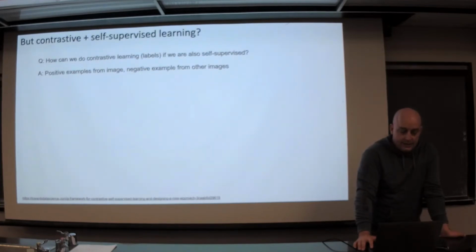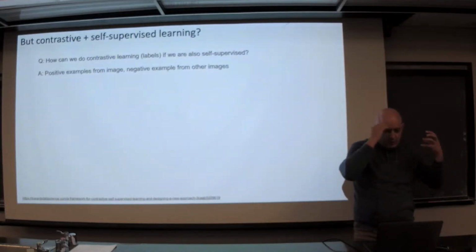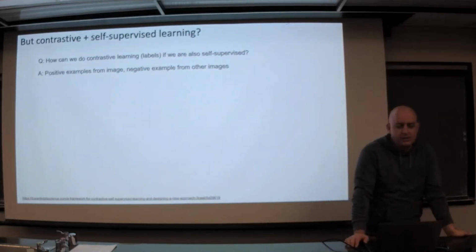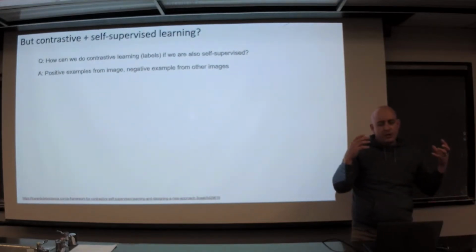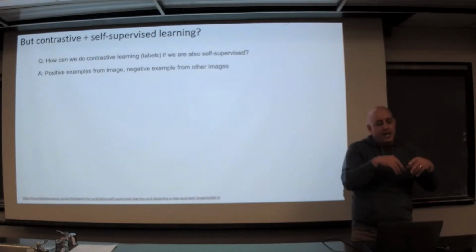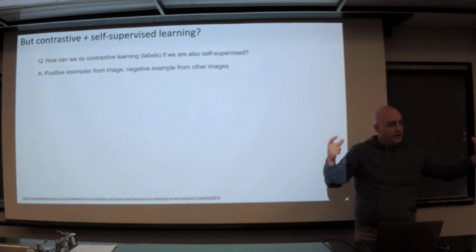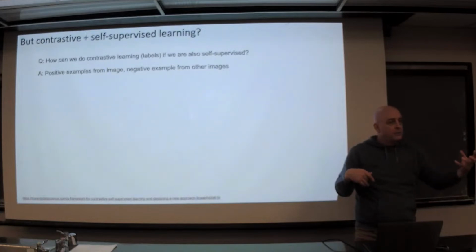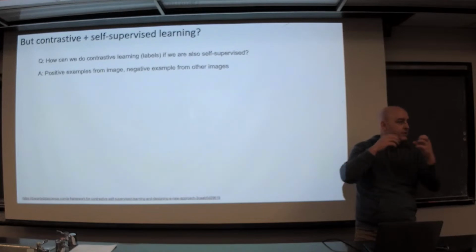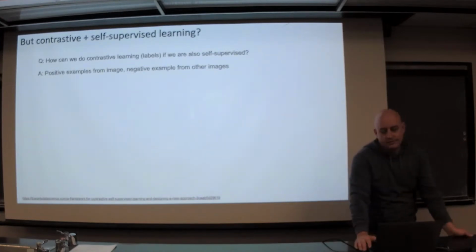It's going to look very much like the examples we just looked at, but we are going to use crops of the images. We're going to push crops from the same image together, and push crops from different images apart. So no extra label information is needed. You just have to know that the crops are from the same image or from different images. So it's self-supervised in that way.